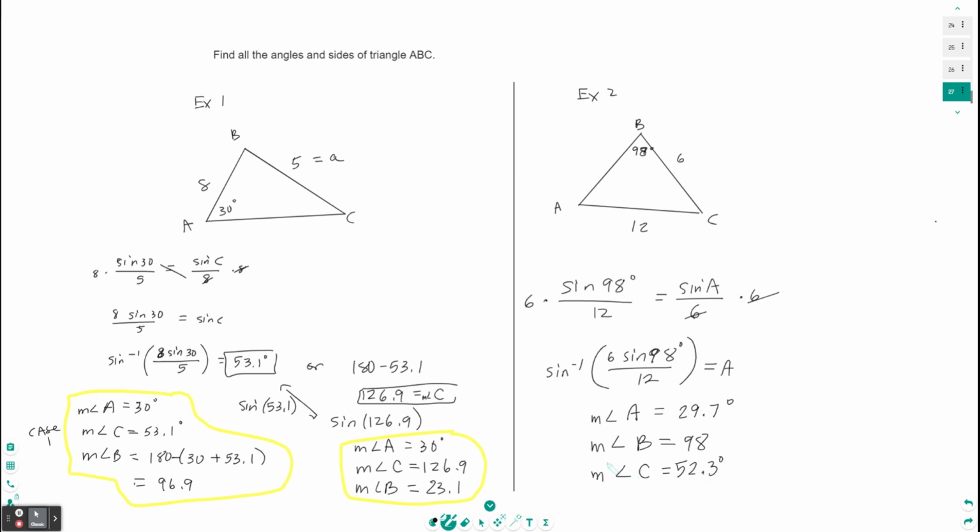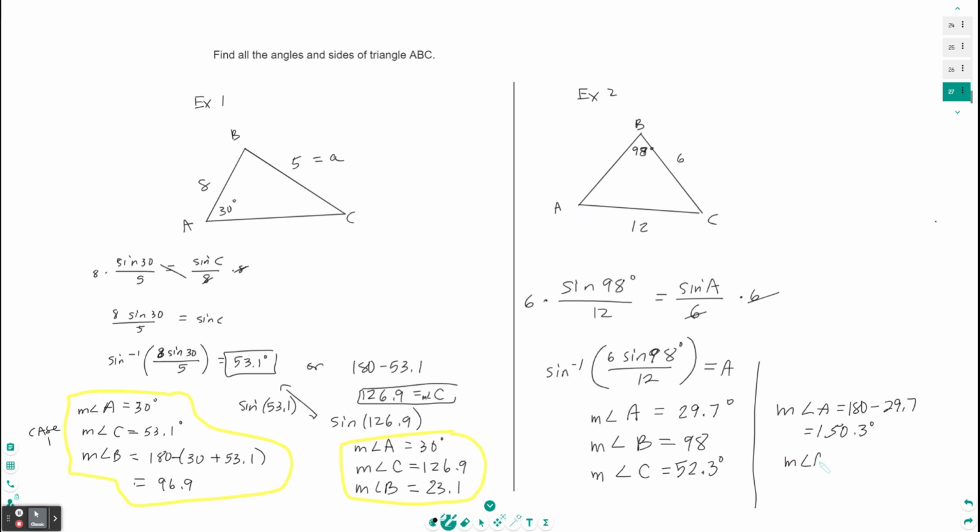Again, all these add up to 180. Again, this rule for measure of angle A means that we can look at the other case, which is 180 minus 29.7, which will give us 150.3 degrees. Okay, so that's measure of angle A.